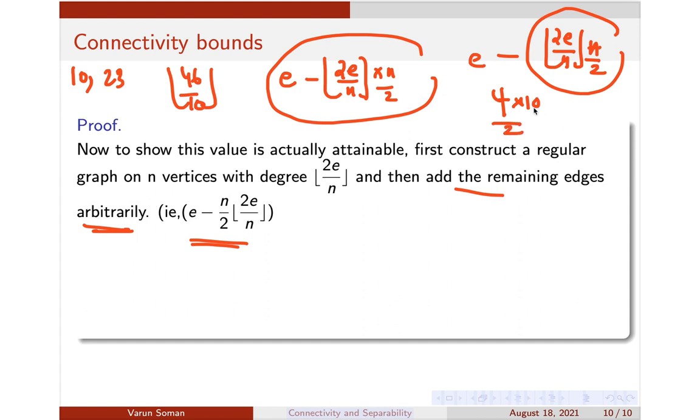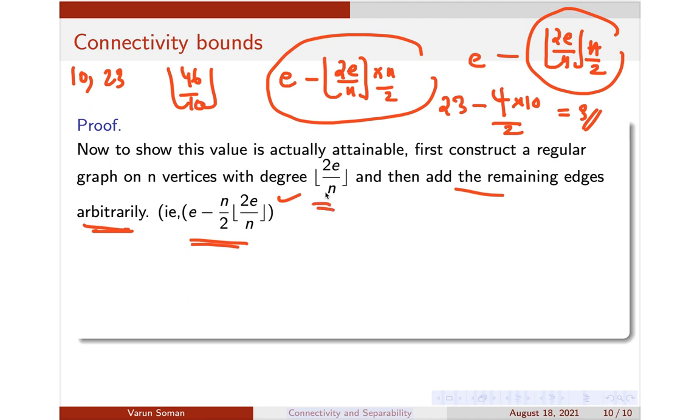The total edges were 23, so the remaining would be 23 minus 40 by 2, that is 3 edges, which have to be distributed again. That is how this quantity has come. So we have done this one. Now we have considered a regular graph with each vertex having this degree, and the remaining edges have been distributed arbitrarily.